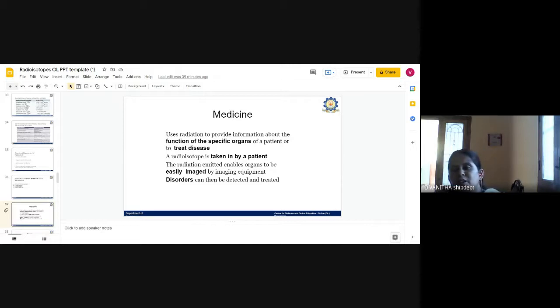If a radioactive isotope is taken by the patient, the radiations are emitted from our body and enable the organs to be easily imaged by imaging equipment. And if there is any disorder in that data, then it can be detected and treated.